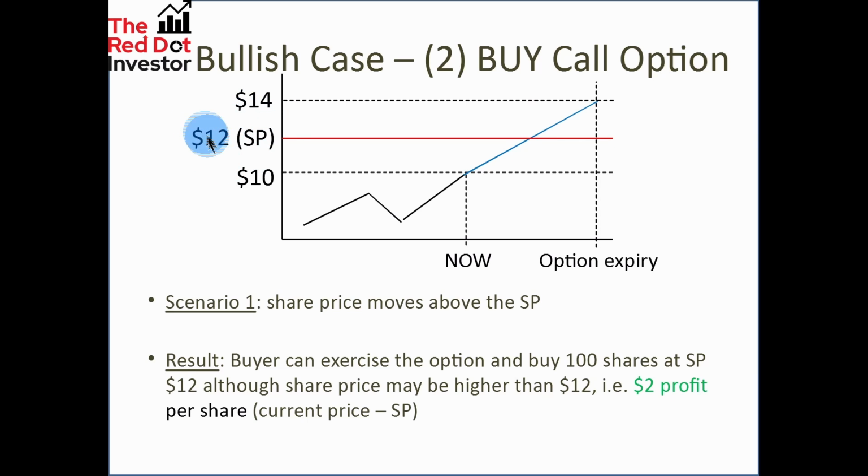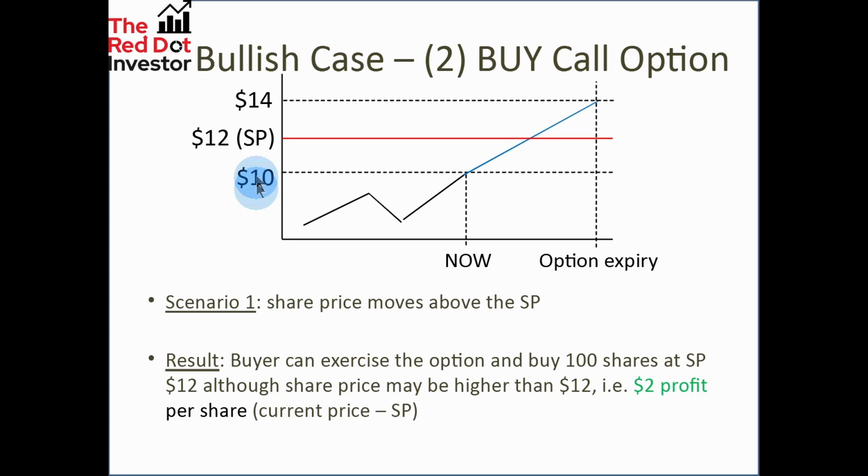So the result is I as a buyer can exercise the option and buy 100 shares at strike price $12, although the share price may be higher than $12, which means that I have a profit of $2 per share. And this $2 is the difference between the current price and the strike price. So why would I profit $2?